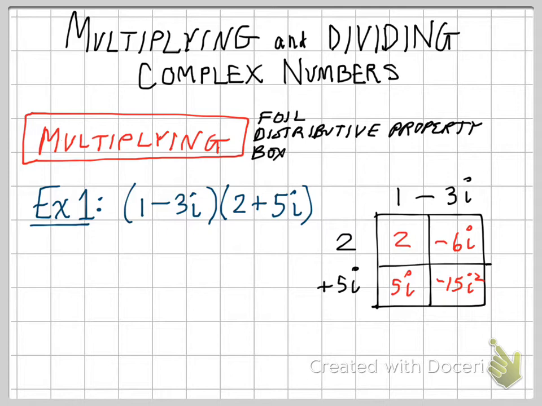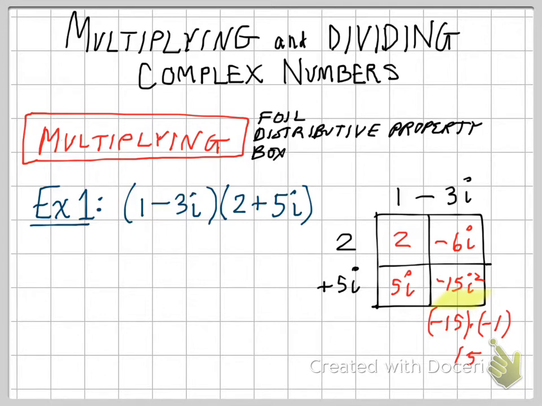I times I is i squared. Now we're going to pay special attention here because we have to remember that i squared is negative 1. So this is the same thing as negative 15 times negative 1, and that's going to become positive 15, right?